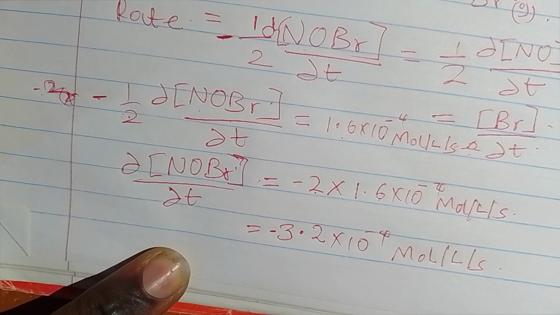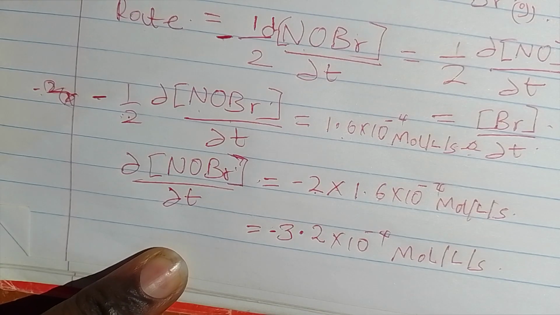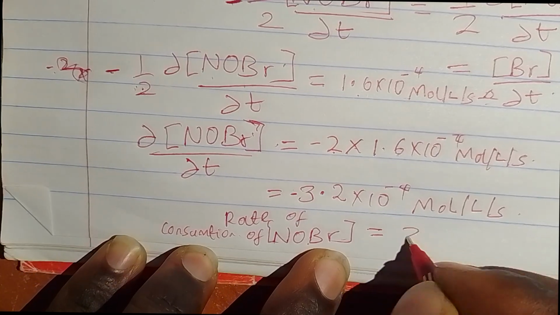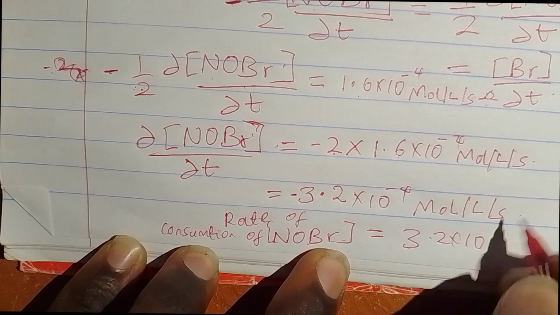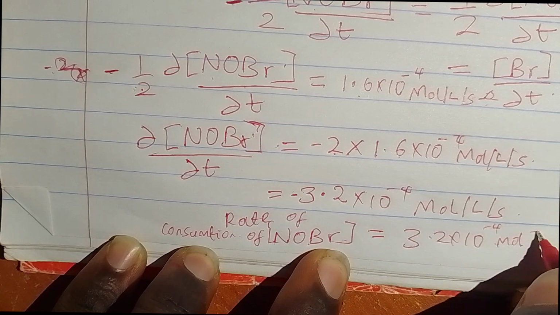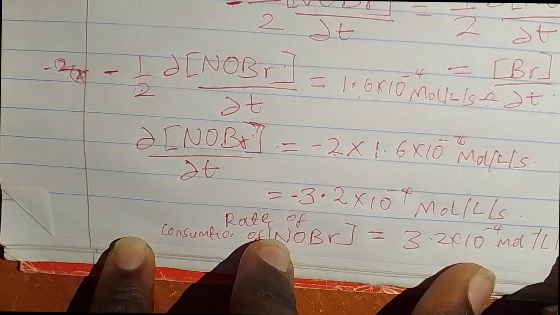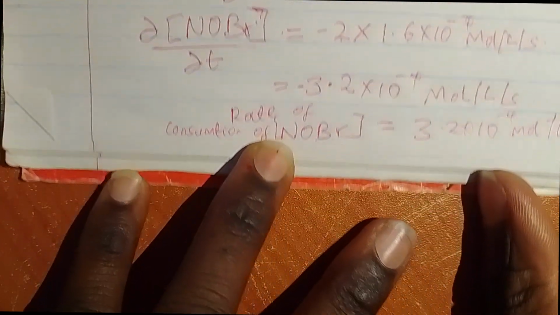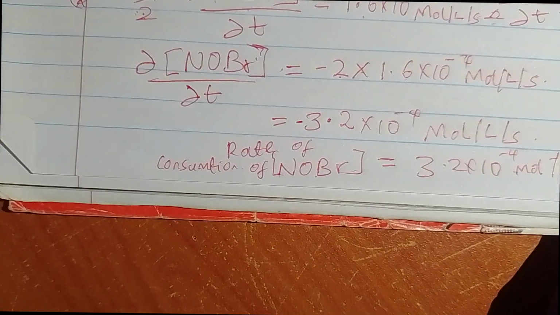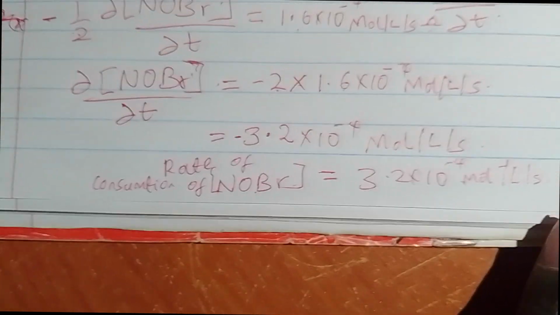As I said in the beginning, it will be reducing for the reactants, but for the products it will be increasing. But since it is a rate, we don't consider the negative. So the rate of consumption of this is equal to 3.2 times 10 raised to power negative 4 moles per liter per second. And that is how you solve that question.